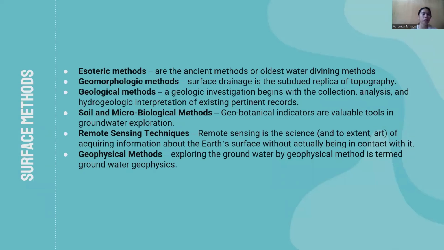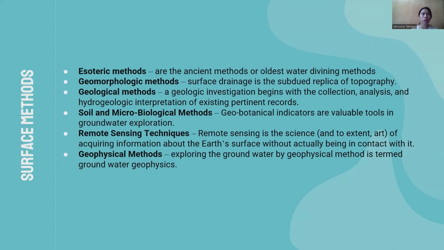Next, we have remote sensing techniques. Remote sensing is the science and to some extent art of acquiring information about the Earth's surface without actually being in contact with it. This is done by sensing and recording reflected or emitted energy and processing, analyzing, and applying that information.